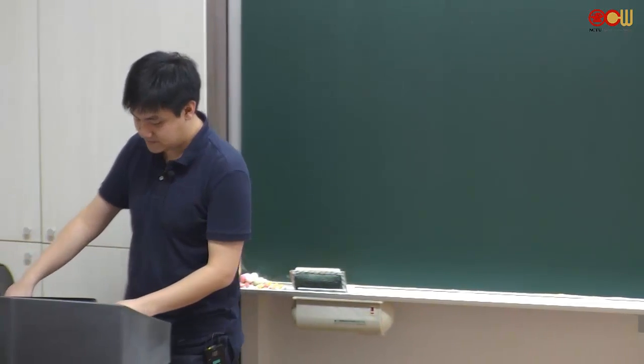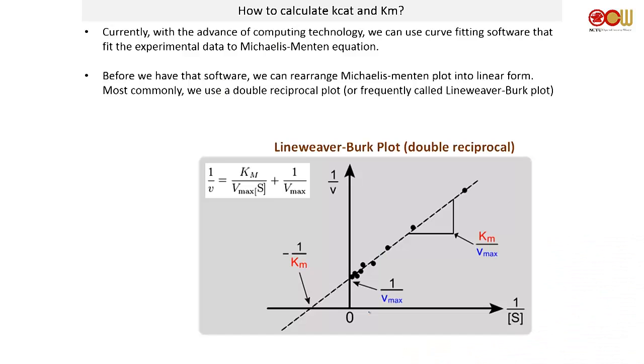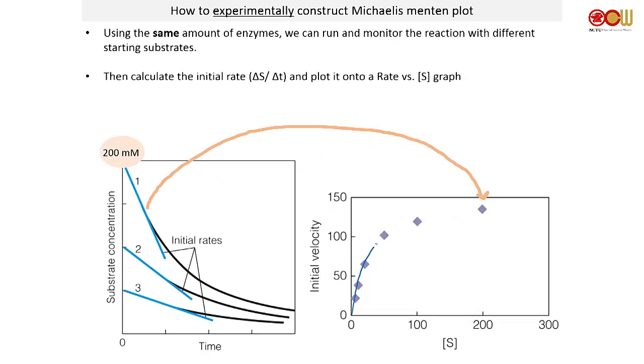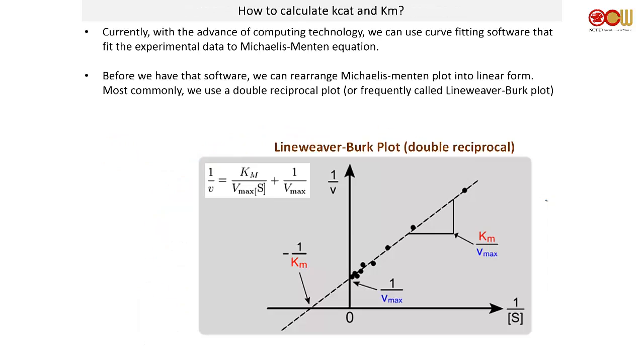Maybe okay? Now, how do you experimentally determine Km and kcat? You do this experiment, and this is the line that you will get. Ideally, you have some expensive computer program that would do a nonlinear regression, and then you're done. But that's the current day.